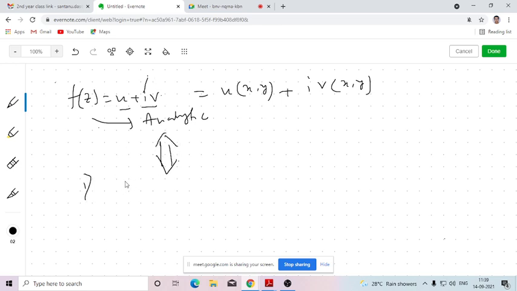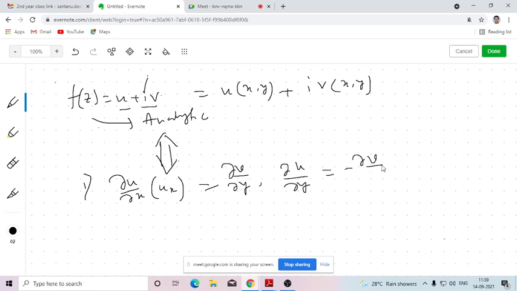Number one, del u del x, which we can write as u suffix x, equals del v del y, and del u del y equals minus del v del x. This is defined as v suffix y, this as u suffix y, and this as v suffix x.